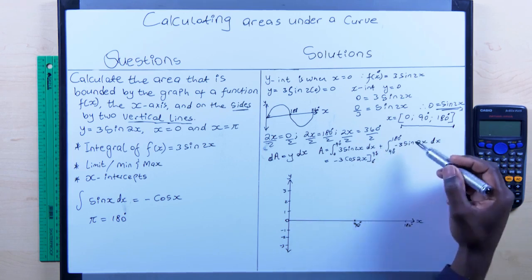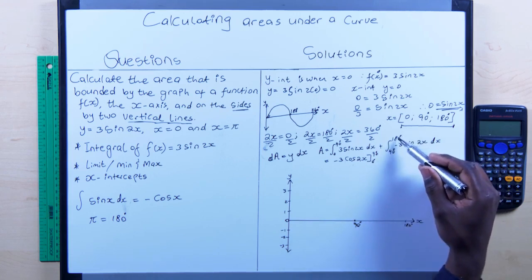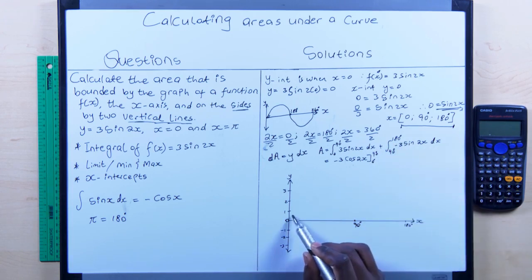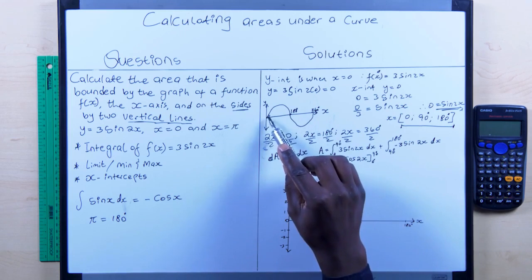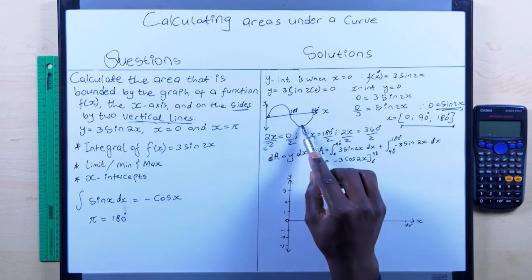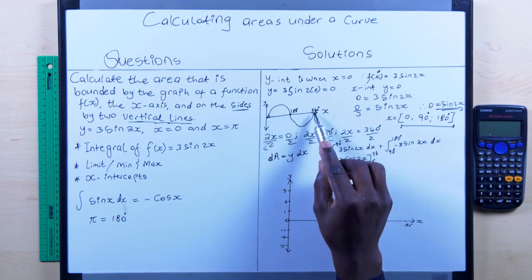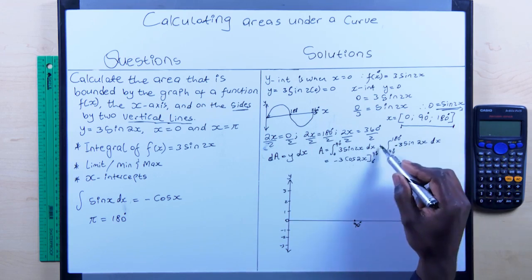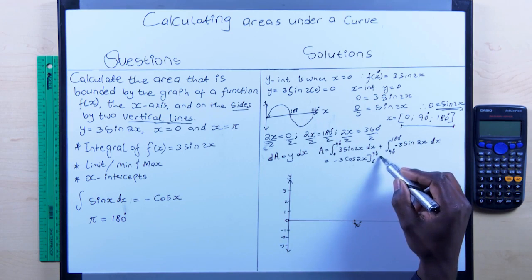This is minus. Why is this minus? Because in this region, your function goes up and stops here. This is the first limit of the first boundary. Then when it goes to the other side, it becomes negative. Hence here we have to put a negative sign. Then we come to this one, plus.